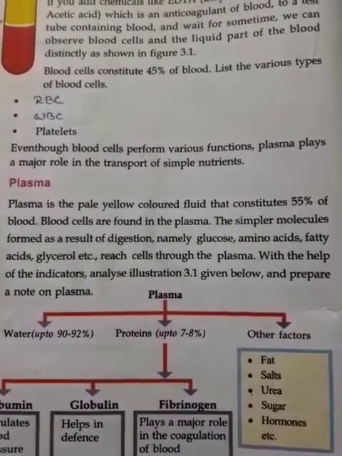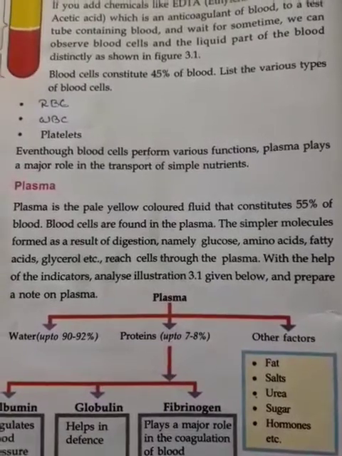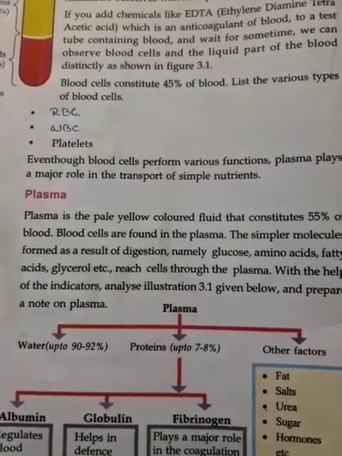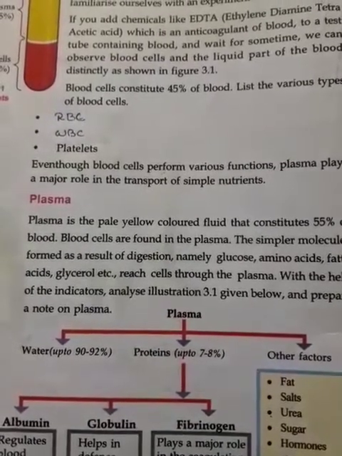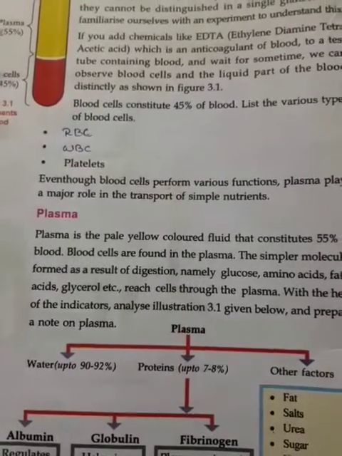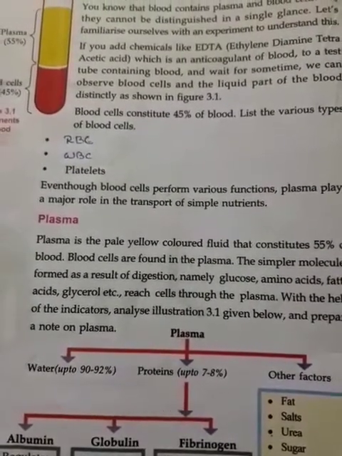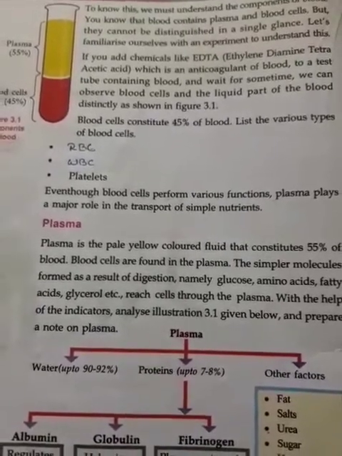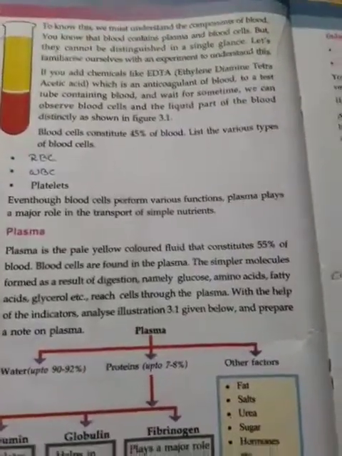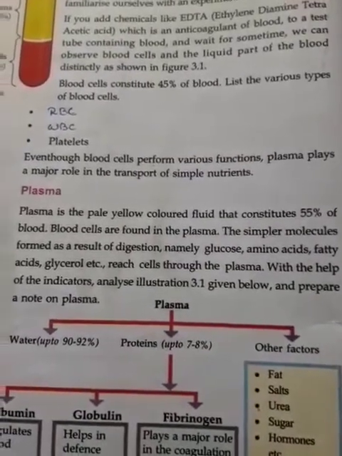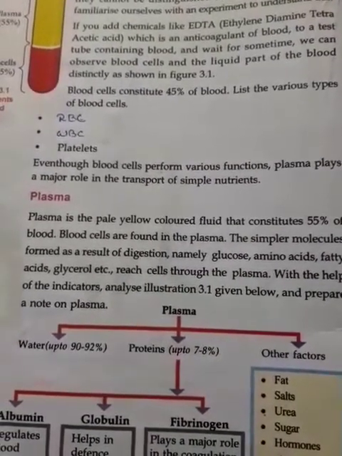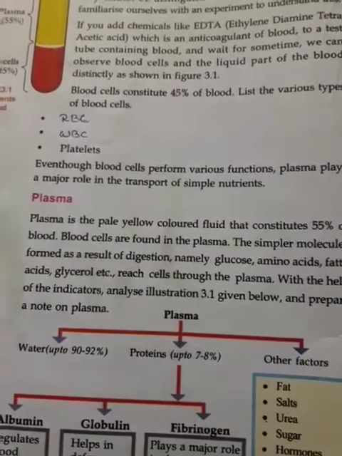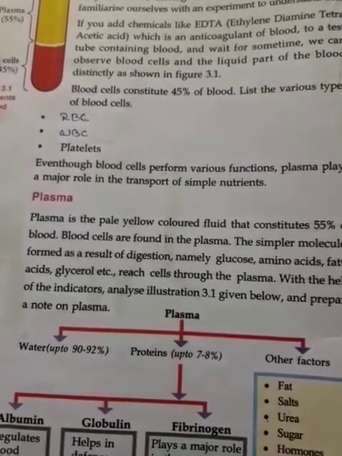Fat, salts, urea, sugar, hormones, etc. The major components of plasma are water, proteins and other factors. Plasma is comprised of water, proteins, fat, sugar, salt, urea, uric acid and hormones.